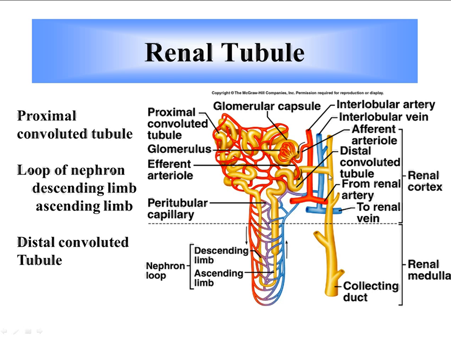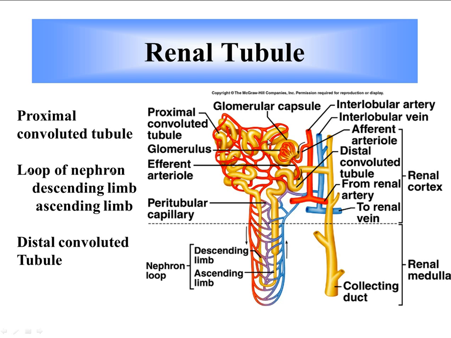The proximal convoluted tubule gives rise to the nephron loop, the descending limb of the nephron loop, the ascending limb of the nephron loop, and then the distal convoluted tubule. And the distal convoluted tubule will join up with the collecting duct.